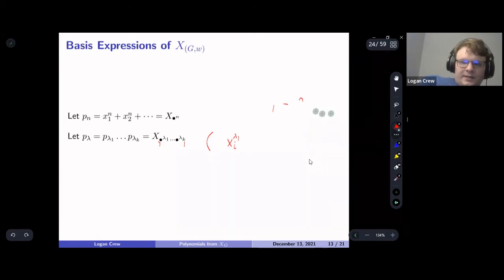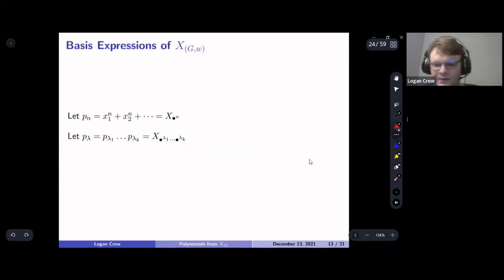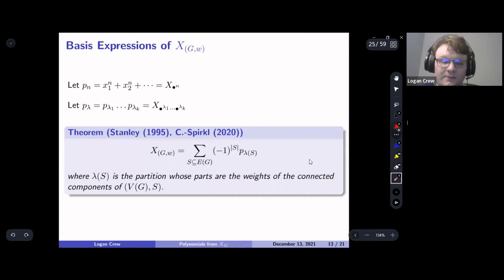So if we're looking at this basis of symmetric functions, what does this say if we look at chromatic symmetric functions and try to do this? If we do this for a vertex weighted graph, Stanley proved this theorem for unweighted graphs, and Sophie and I slightly generalized this to vertex weighted graphs. You might see that this formula looks familiar.